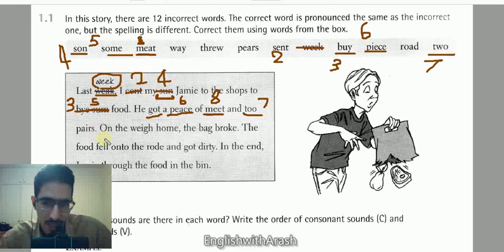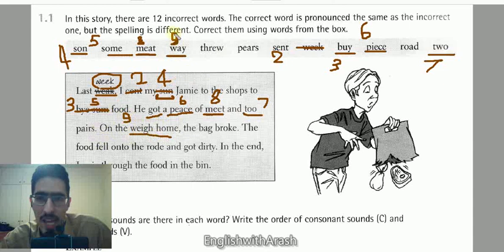Maybe your book is different. Yeah, you're right. On the way home, look at this. On the way home, there is a problem with this. This way is not that way as we talked about. Yes, good, Rayhana. Meat, M-E-A-T. On the way home. So this way is not that way. This is the way.